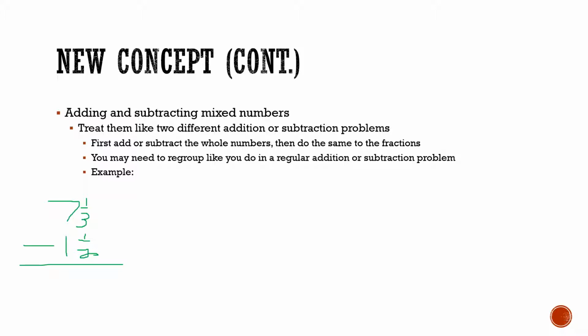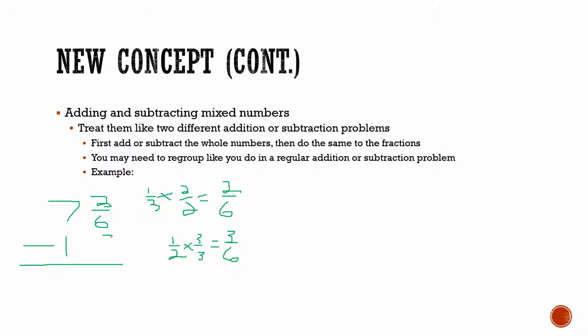So I want to change both of those fractions so they have a 6 on the bottom. 1/3 times 2 over 2 is going to give me a 6 as my denominator, and it's going to be 2/6. And then 1/2 times 3 over 3 is going to give me 3/6. So I'm going to erase my original fractions and put in my equivalent fractions.